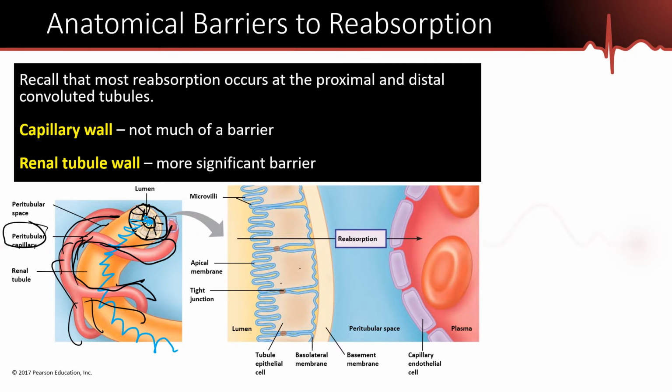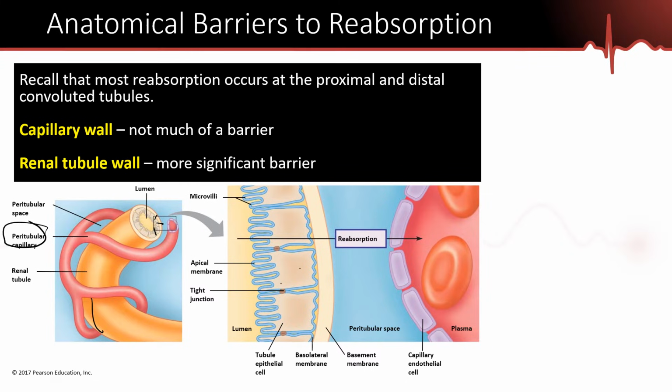You've got one tube that is the actual nephron itself, in this example the proximal convoluted tubule. And then lying next to it are the capillaries, which are also tubes.